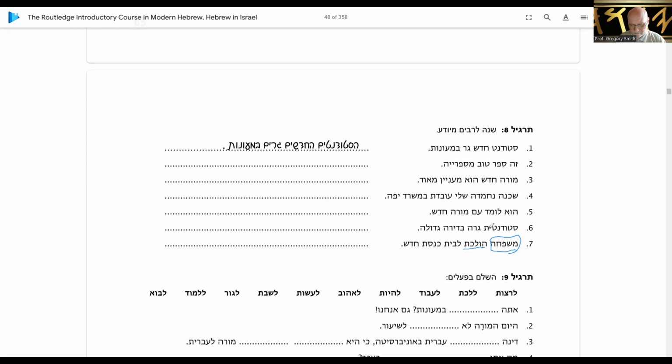Holachot. Lebeit Knesset Hadashah. Yeah, the families go, Lebeit Knesset Hadashah. So the families go to the new synagogue.